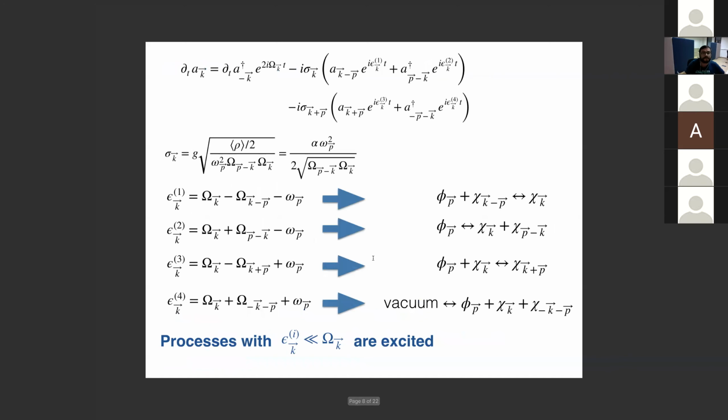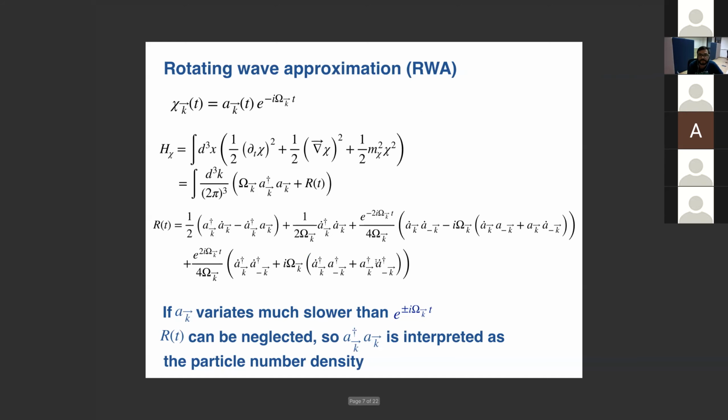Yes, I'm sorry, I have a question. Can you show your slide back? You have this Hamiltonian, which is just the massive free Hamiltonian, right? How come you have an extra term R of t in this Hamiltonian? It's a free Hamiltonian, so it has just one term in it, right?